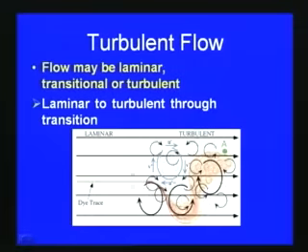Here in this slide you can see how this phenomenon takes place: laminar to turbulent flow through transition. Here the flow is laminar, the flow is in layers, and if you inject a dye or a tracer, since the flow is laminar, the dye also moves in layers like this. Then, if the condition is going toward turbulence, a lot of mixing takes place.